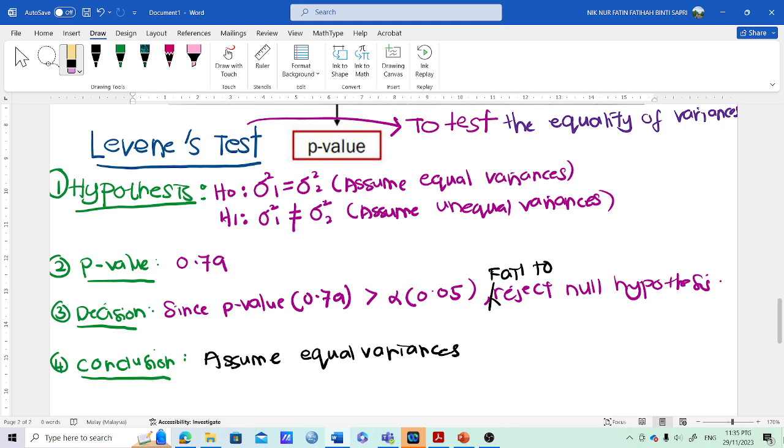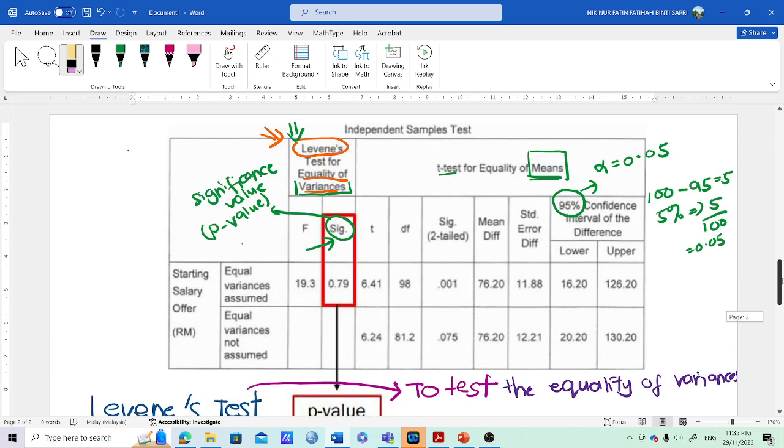Okay, so I go back. This is your output, right? Can you see here? Equal variances assumed means equal. Equal variances not assumed means unequal.